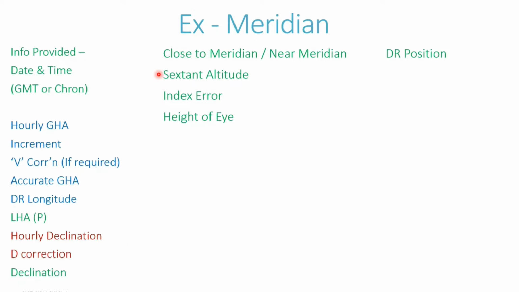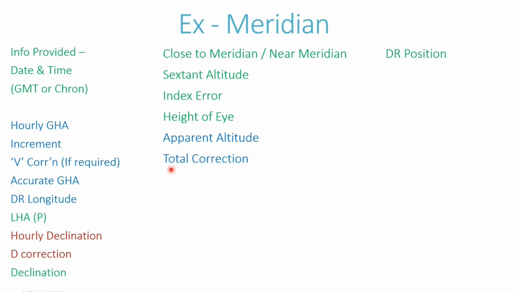Now in the second step, we correct the altitude of the body. To the sextant altitude, we apply the index error. If it is on, it is put off, that means negative. If it is off, it is put on, that means positive. Then we apply the dip correction from the height of eye which is provided to us in the questions. And once these two are applied, we get the apparent altitude of the body.